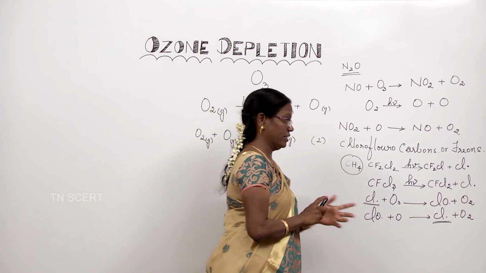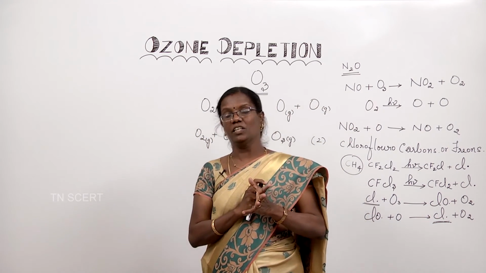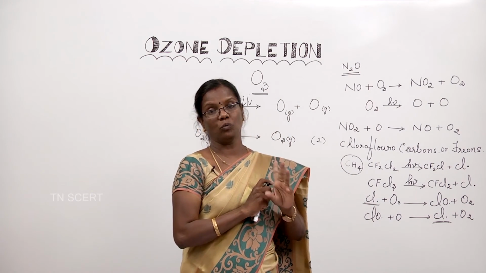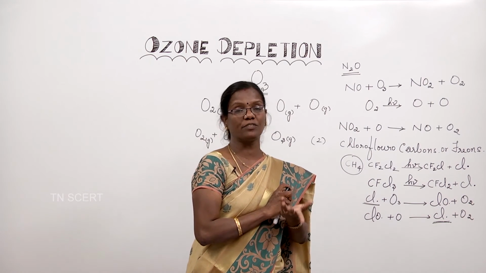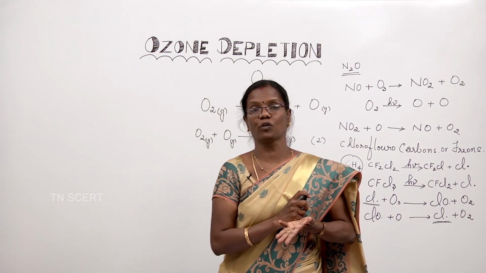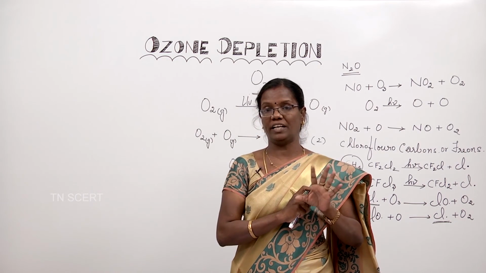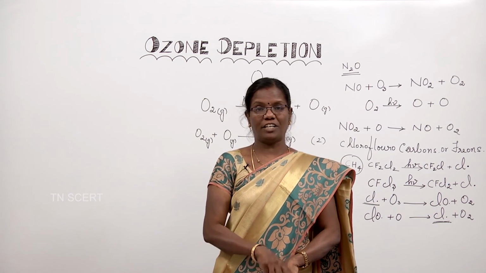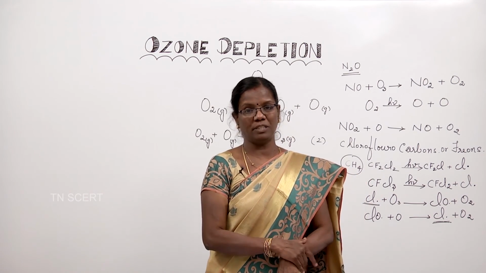They have found that one Cl free radical can react with 1 lakh molecules of ozone. See how these oxides of nitrogen and chlorofluorocarbons have an adverse effect on the ozone layer. I hope you all have understood the process of ozone depletion, and let us be aware of it.